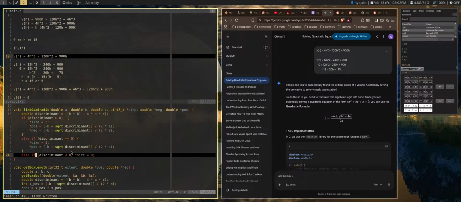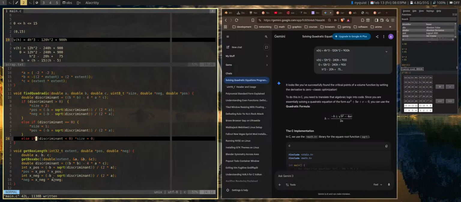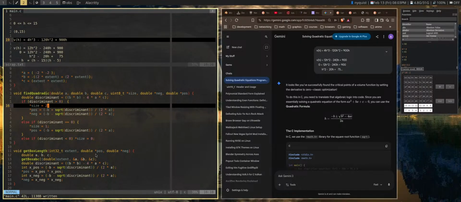Okay. That was a weird error message for that. It wasn't even describing the right thing. So the size will tell me the output, I guess.